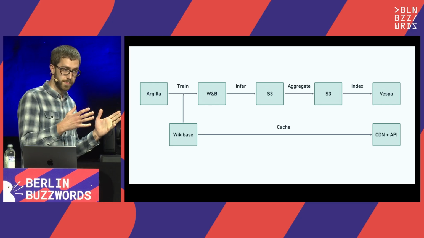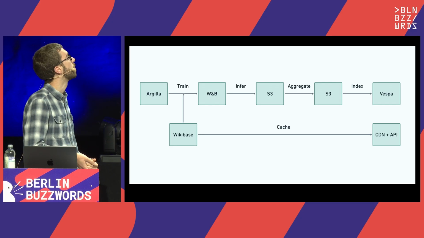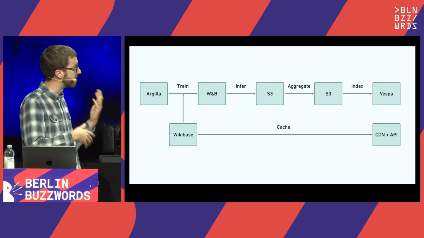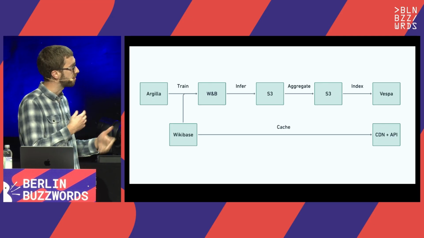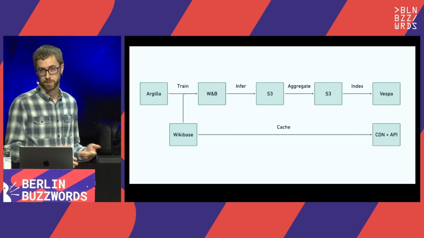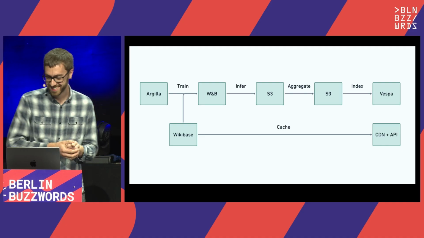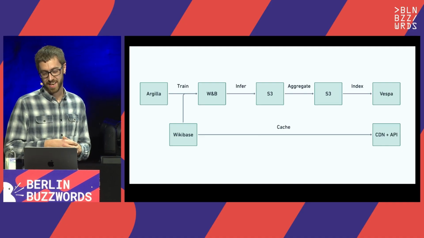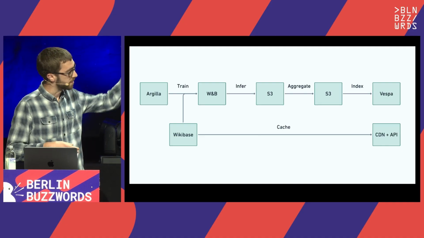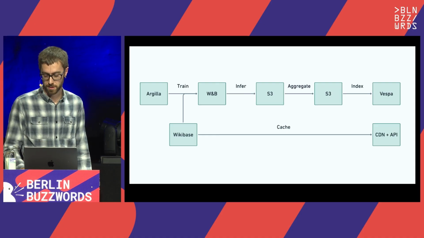Having built classifiers, trained classifiers, we run inference on all of our passages, aggregate the results, and index them into our search database, which we're using Vespa, you might have heard of. And then there's some separate surfacing of concept information that happens alongside that.